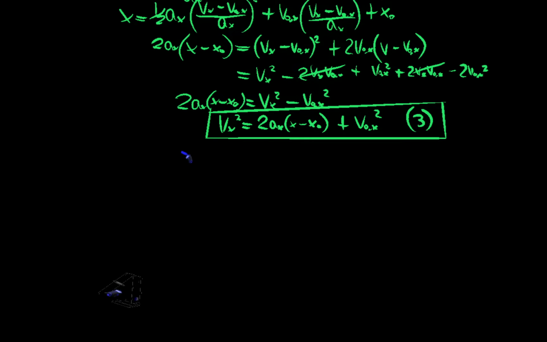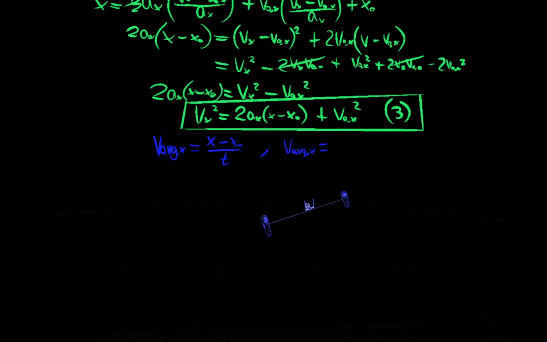So we have v average, the x, is equal to x minus x naught over t. And if acceleration is constant, then v average in the x direction, same quantity, is also equal to v naught x plus v x divided by 2.